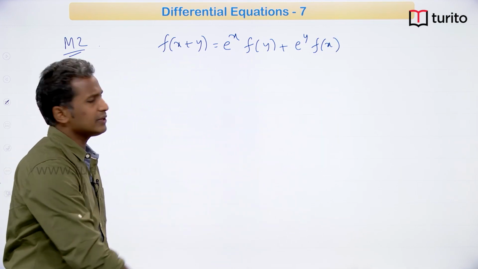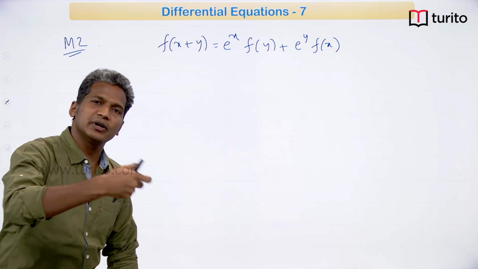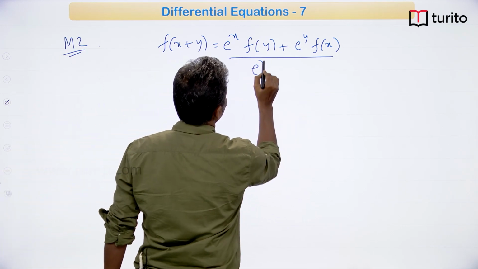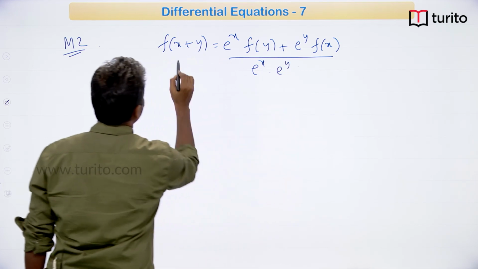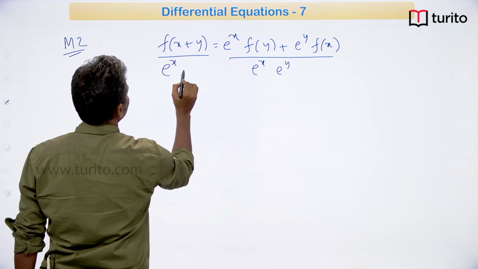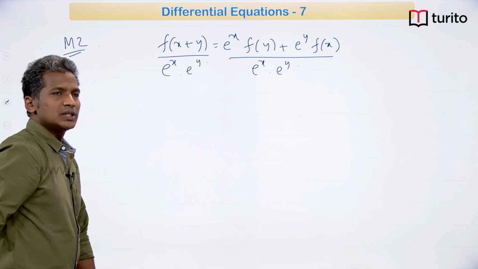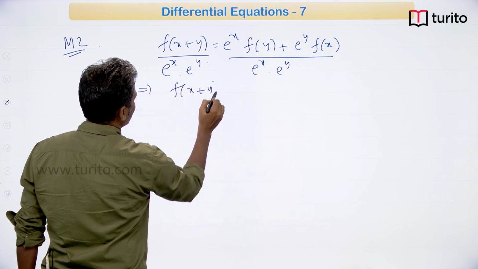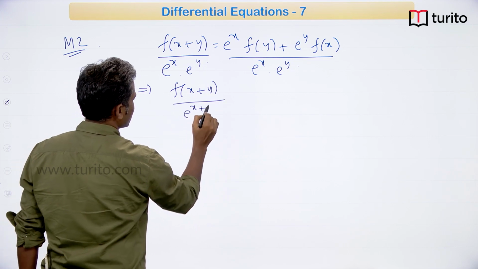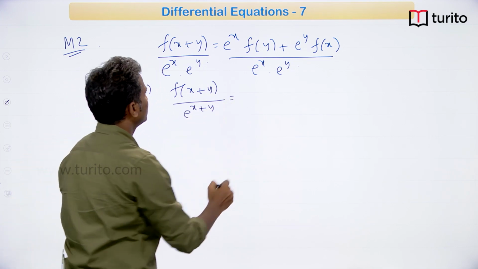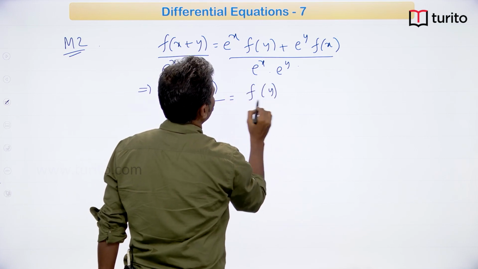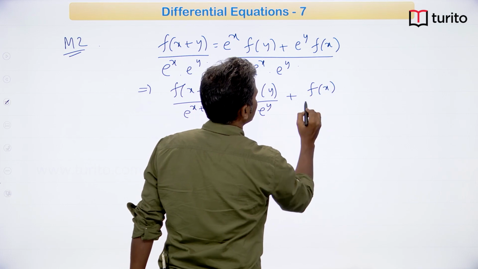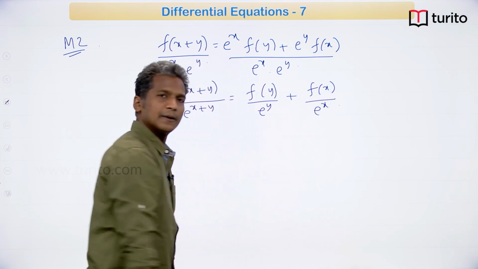Now I will divide this equation on both sides by e power x and also e power y. So I am dividing by both e power x and e power y. Okay. So this will turn out to be f of x plus y divided by e raised to x plus y is equal to f of y by e raised to y plus f of x by e raised to x, right.